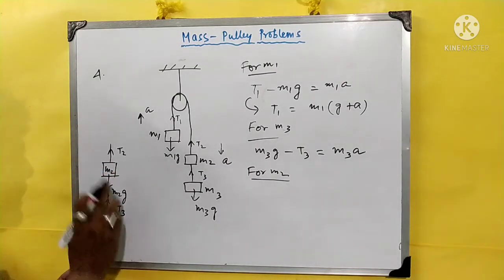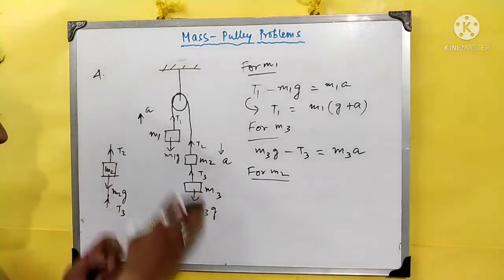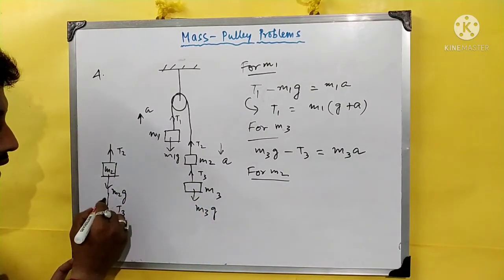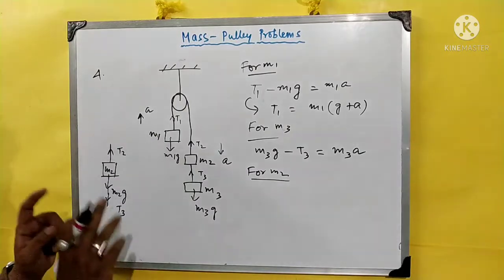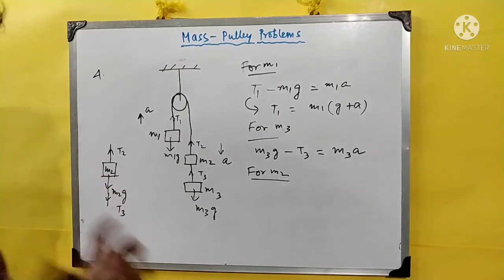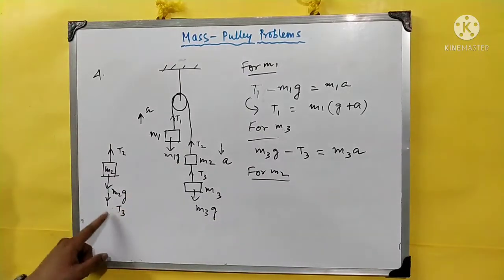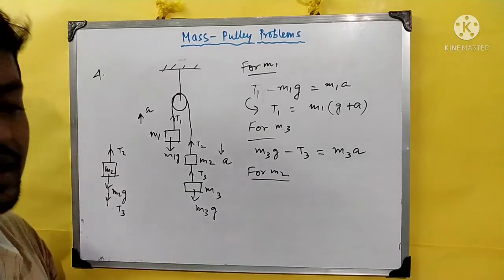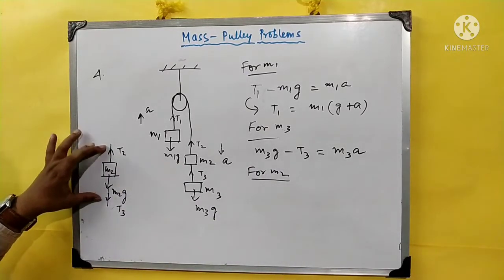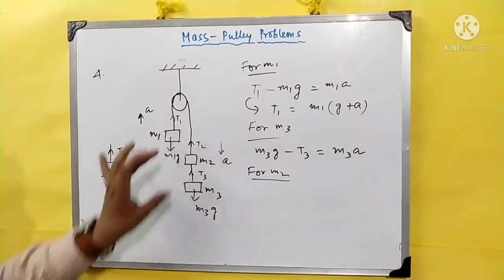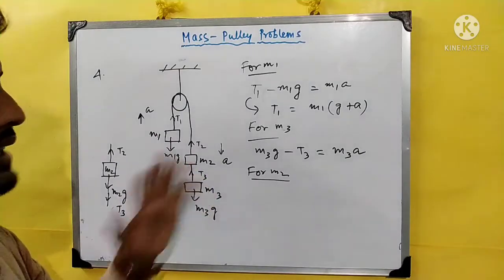Okay, so you have to consider, for the sake of balancing this thing, the direction of T3 downward when you are to write the equation for M2 mass. For this M2 mass you have to consider T3 downward to balance these two tensions. Otherwise both tensions would be in one direction, and it would become imbalanced for this second mass.